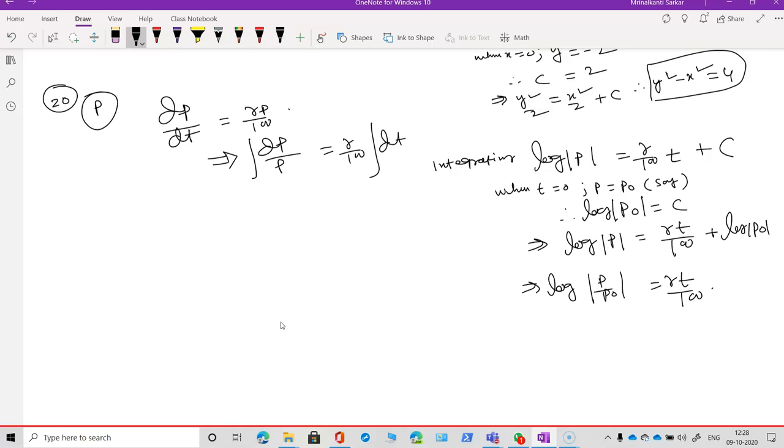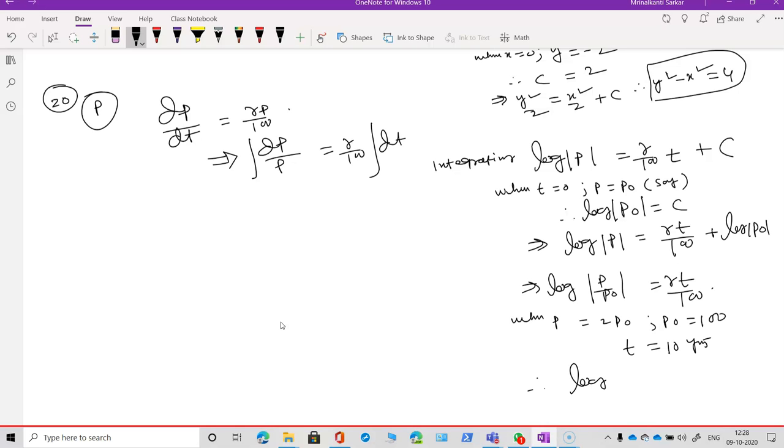Now it is given that it doubles itself. For 100 it is 200. For p0 it will be 2p0. So when p equal to 2p0, t is given to be 10 years.